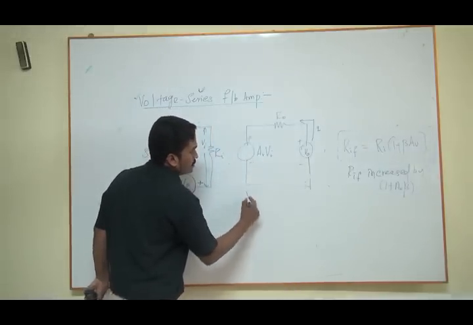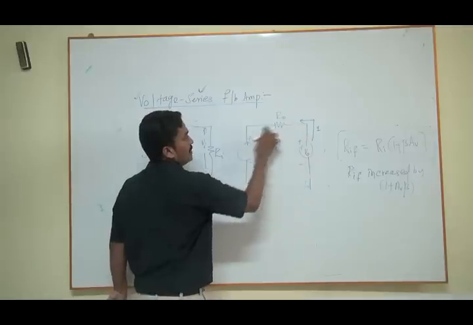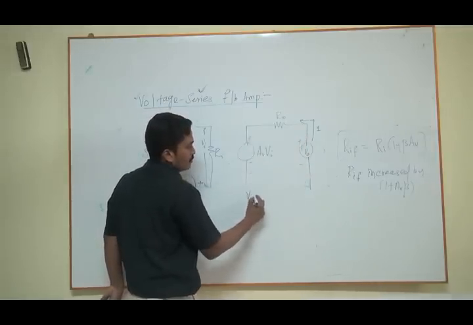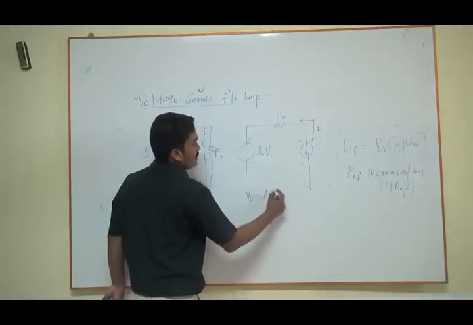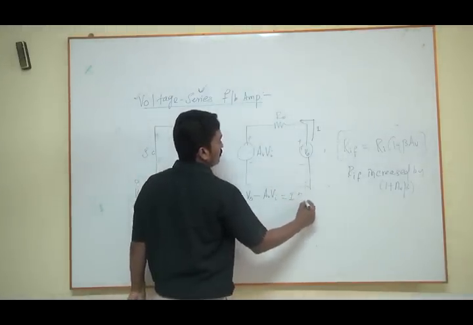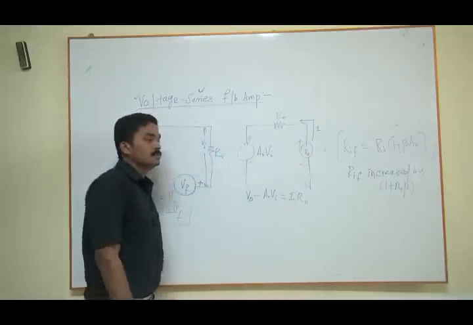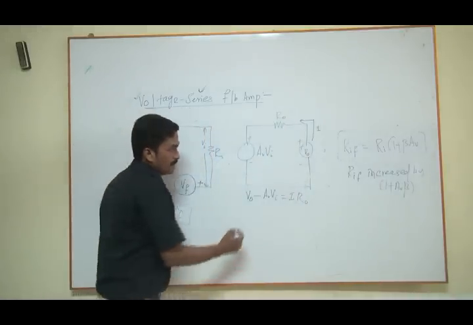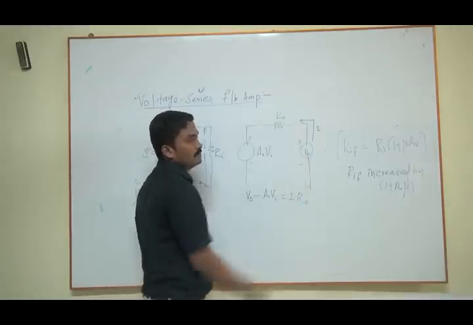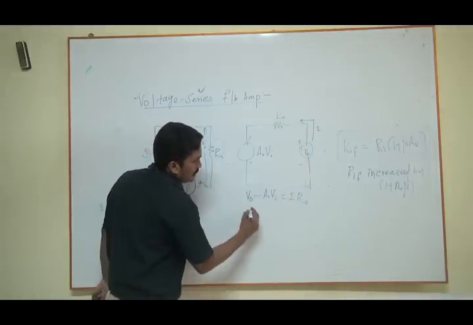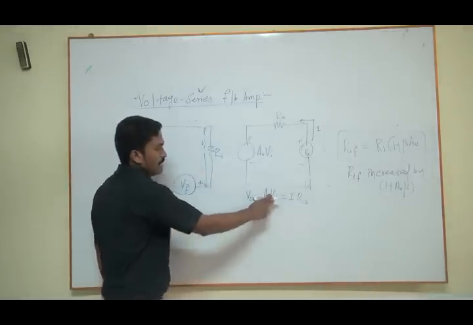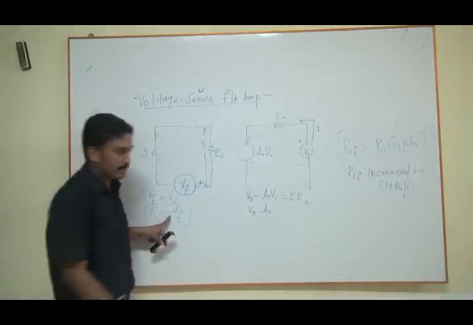So the net voltage is V0, and both the batteries are facing each other with the same battery terminal. So V0 minus AV Vi brings the drop across this R0. It is nothing but the flow of current I into R0. Because in a series circuit we have only one current, that is assumed as I, and V0 minus AV Vi, instead of Vi you substitute minus Vf.